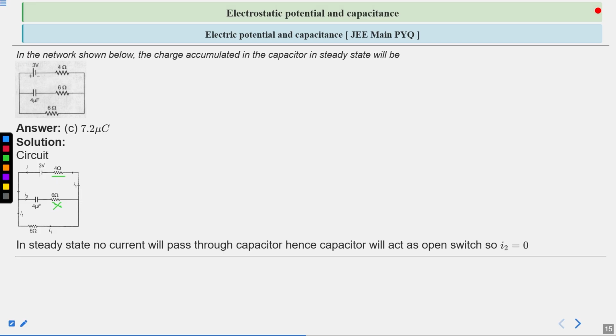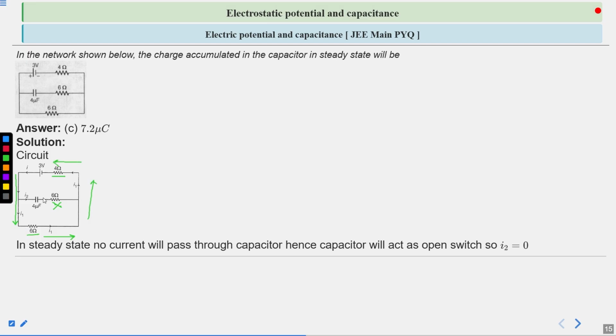So now this resistor and this resistor are being considered. Since no current is flowing through the capacitor branch, this is the circuit. The current flows through this and returns via this path.